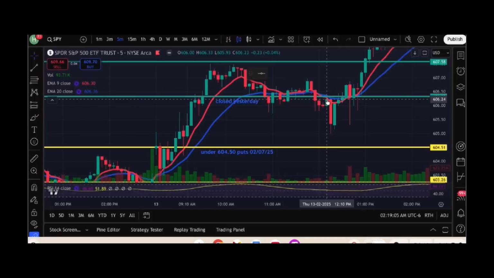But we see this red candle here. Now we're looking at the 5-minute candles. I'm always looking at the 5-minute candles. We see that the sellers tried to bring it down, and many people probably thought this market was going to drop. Why 12:15? They were waiting on the president's announcement, but evidently the announcement was not bad.